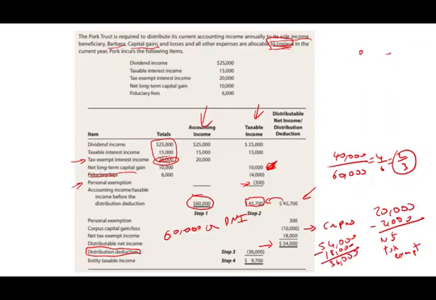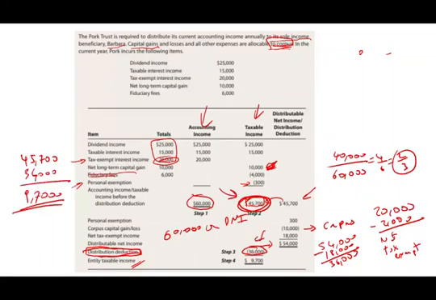Therefore, the distribution deduction is 36,000. Good. Once we know the distribution deduction, we can find the entity taxable income. Our taxable income was 45,700 before this deduction. Now we know the deduction is 36,000. Therefore, our taxable income is 9,700.